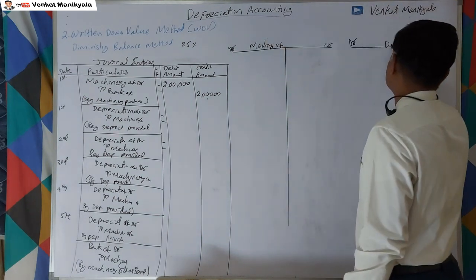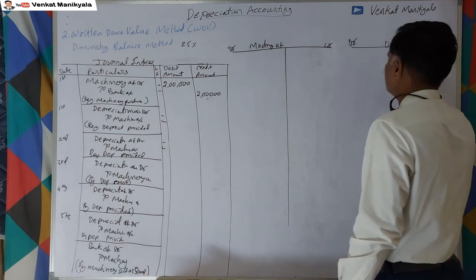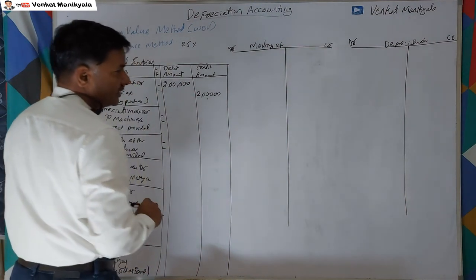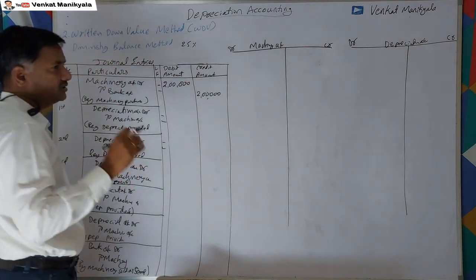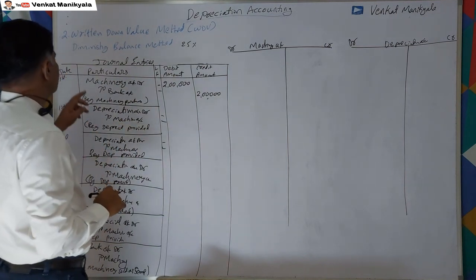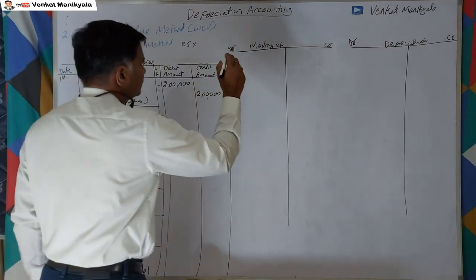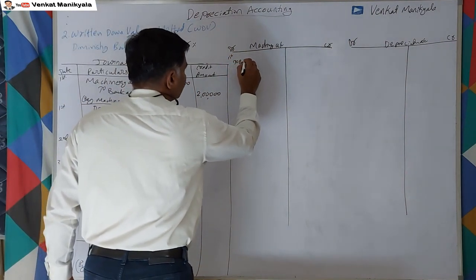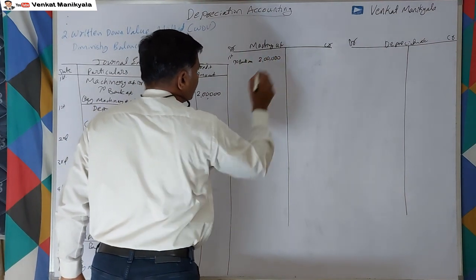This is a depreciation account. But you are supposed to maintain all those columns: particulars, dates, debits and credits, ledger folio, general folio, right? So let us post this. Machinery account debit to bank account. In the machinery, in the first year, to bank account, 2 lakhs, right?